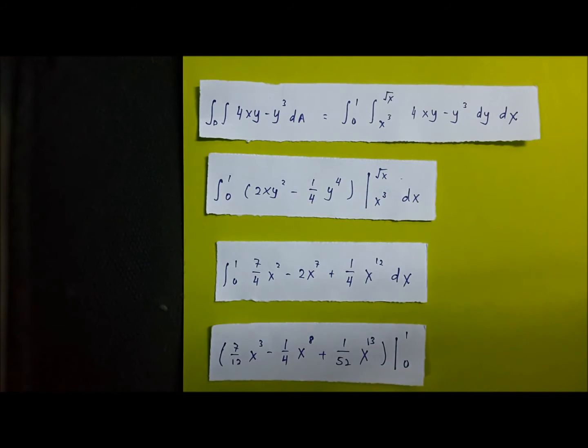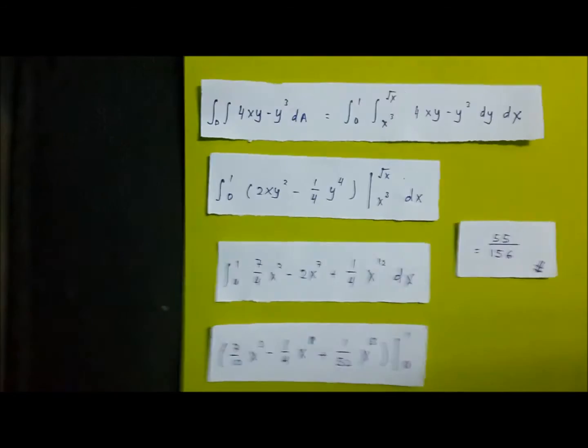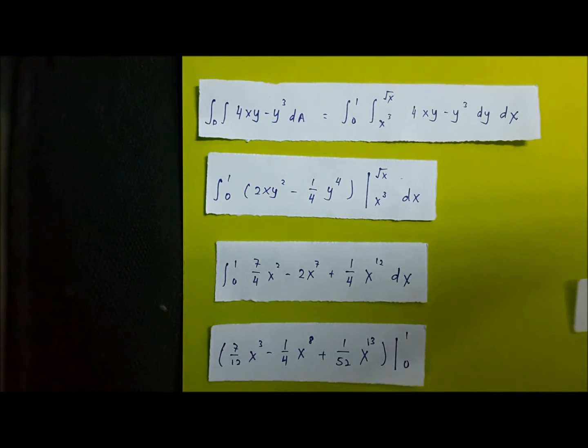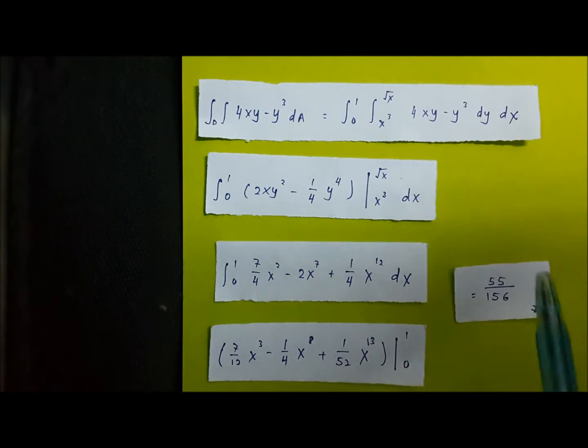After that, we integrate for dx and we will get 7 over 12 x to the power of 3 minus 1 over 4 x to the power of 8 plus 1 over 52 x to the power of 13. Then we substitute the value of the limit and we will get the answer, which is 55 over 156.